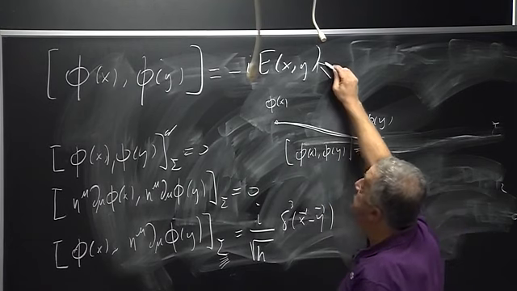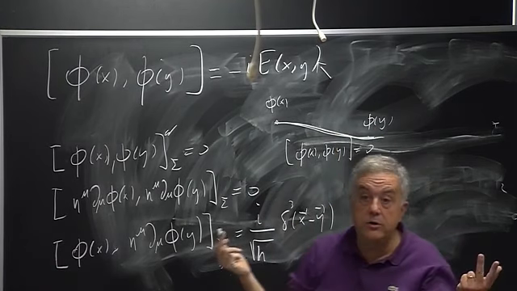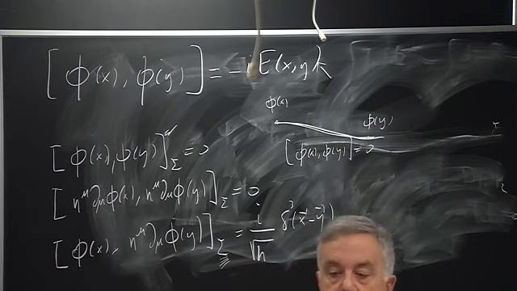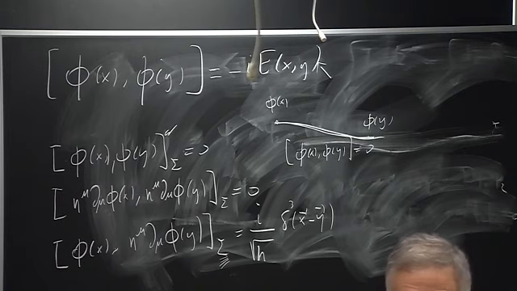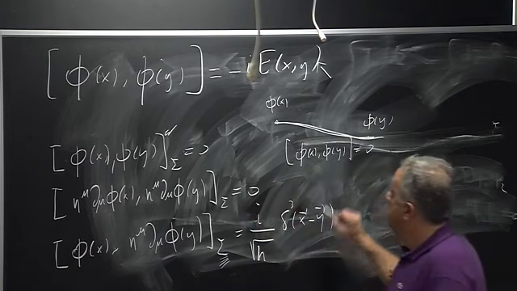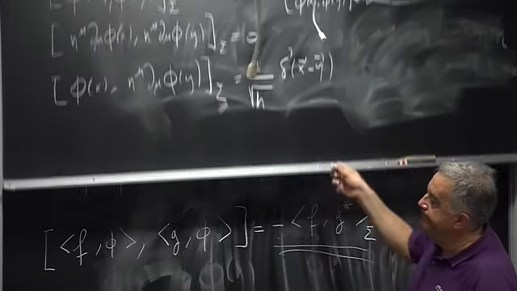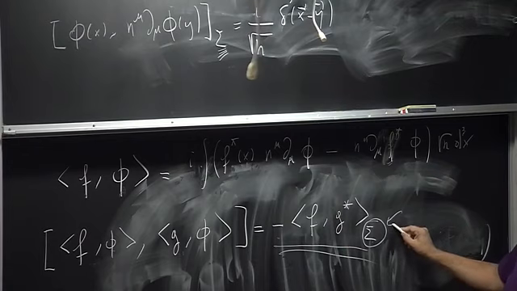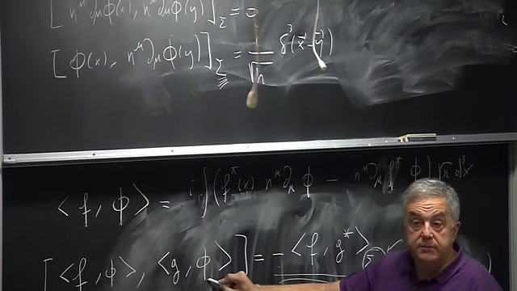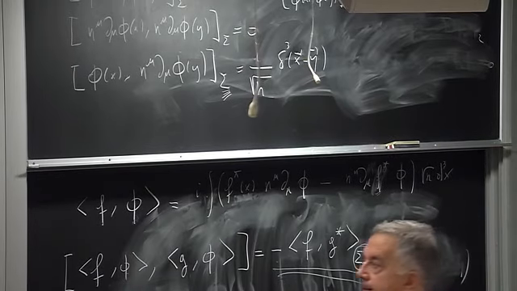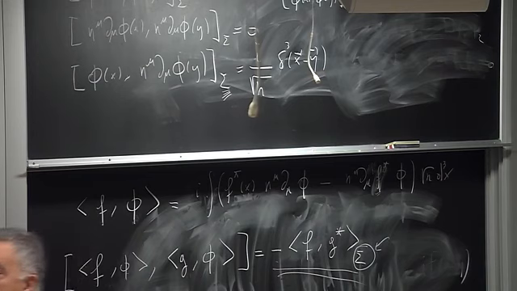This means that this function is 0 whenever two points are separated by a space-like path. Is it clear? So do this exercise at home. And this does not depend on sigma indeed, and so this also does not depend on sigma.